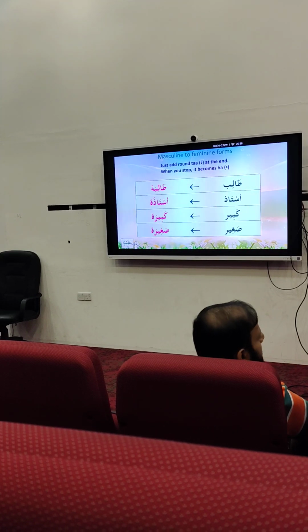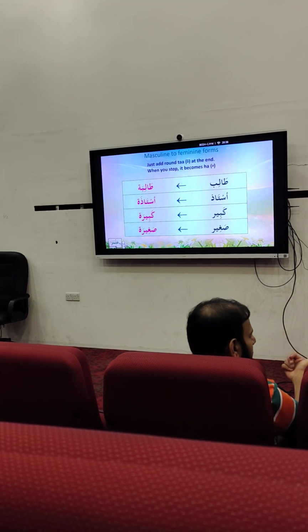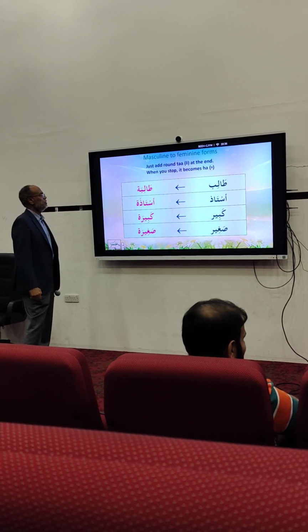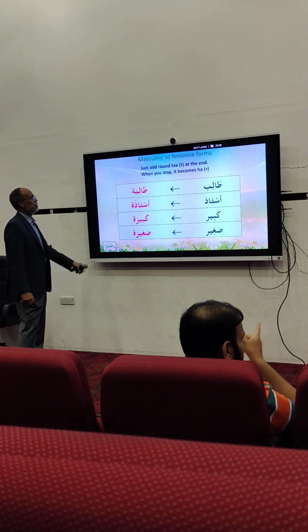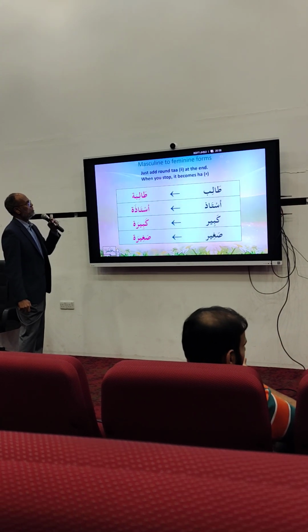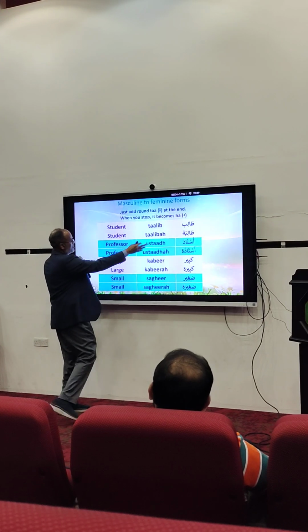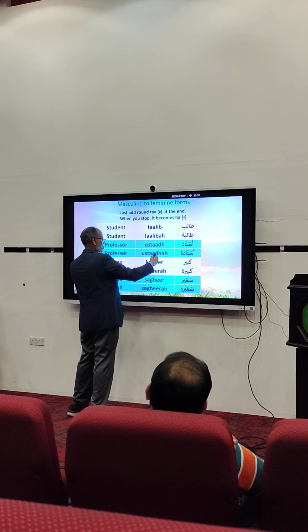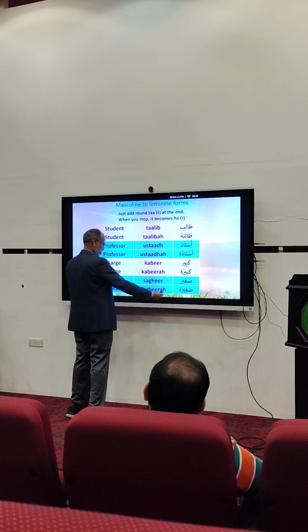Kabir meaning big, and Ustaz, professor. Saghir, small. So here I have written the forms of Talib, Taliba, Ustaz, Ustada, Kabir, Kabira, and Saghir, Saghira.